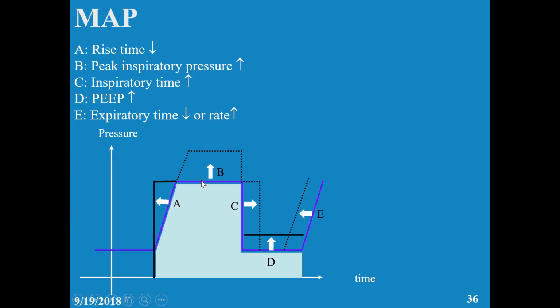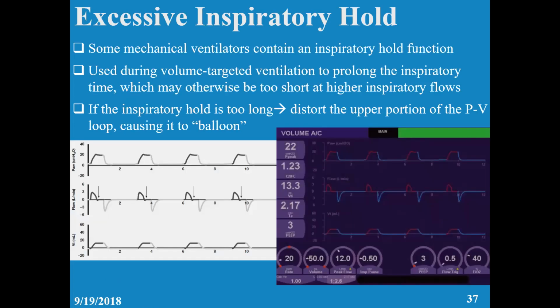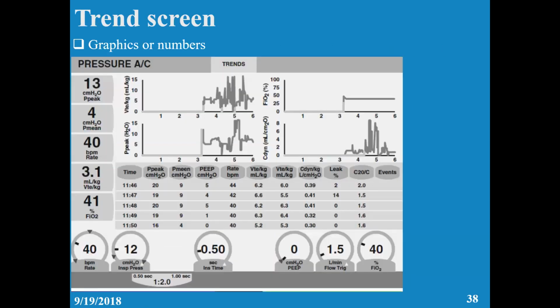If you want to change B, which is the peak pressure, you will get more MAP. If you want to change C, which is the inspiratory time, you get more MAP. If you want to change the PEEP, you'll get more MAP. And if you increase the rate by decreasing the expiratory time, you'll get more MAP. Inspiratory hold, I will teach you that later.